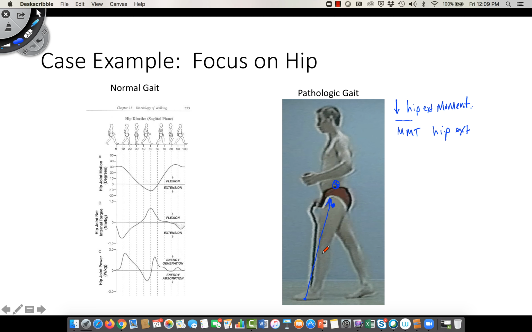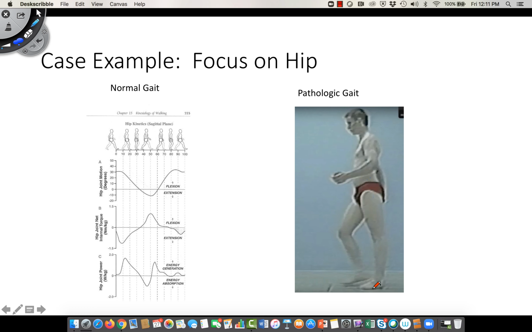It's more the fact that the tibia won't dorsiflex or anteriorly translate, so we don't get this tibial progression, which allows the hip to go into flexion. But both of these could cause weakness, or lack of tibial progression could cause that decreased moment and decreased hip angle.